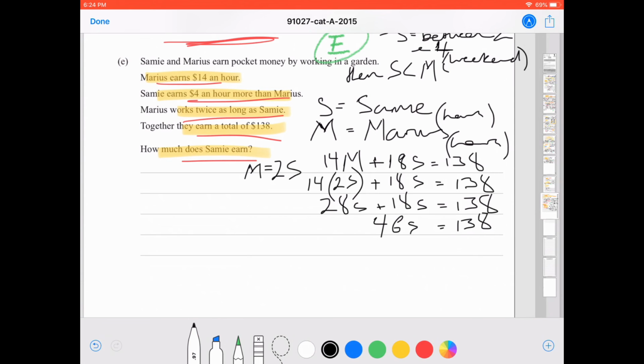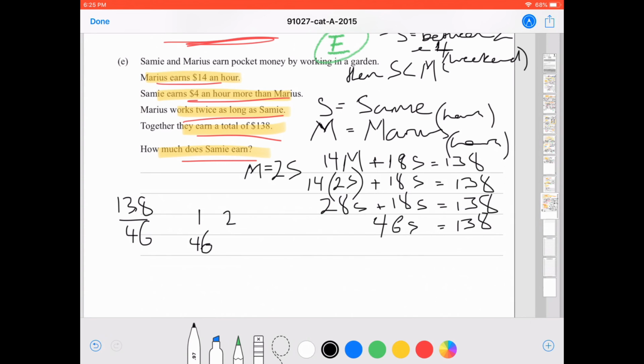At this point, you're hoping, praying that this is a whole number value for s. So 138 over 46. The best way to do it probably in this case is just by counting up in 46s. So 46, that's our first.